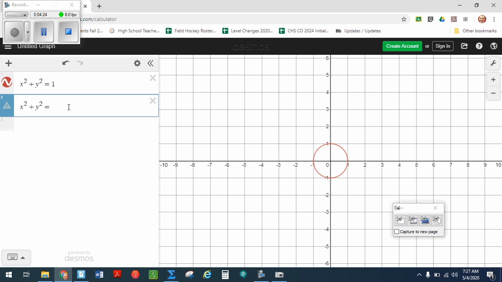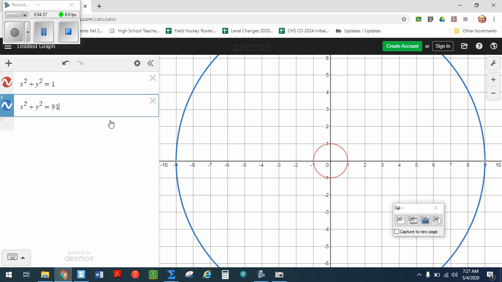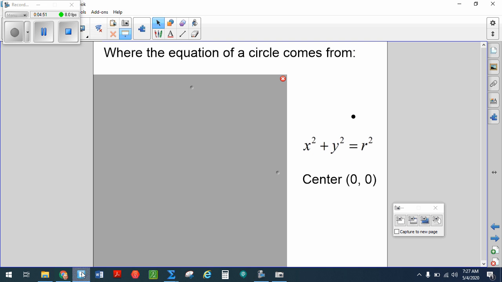If I change it to 25, I'll have these points that are all 5 units away. If I change it to 81, then I'll have a radius of 9. So this value is always the squared value of the radius. And again, that's always with the center at 0, 0.